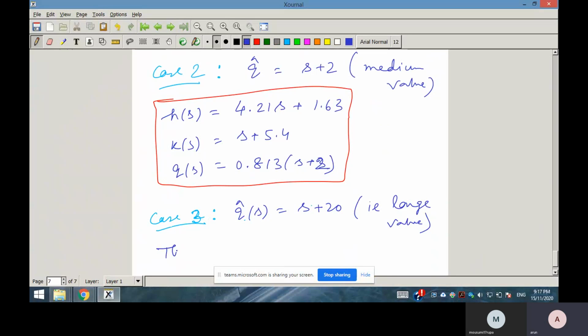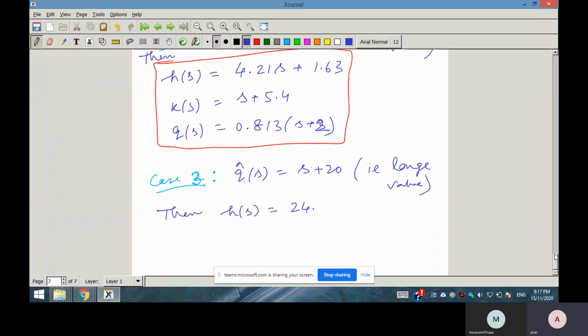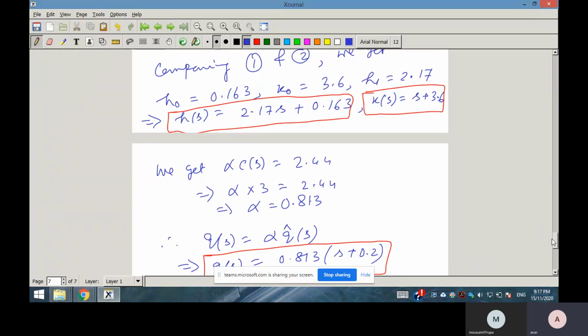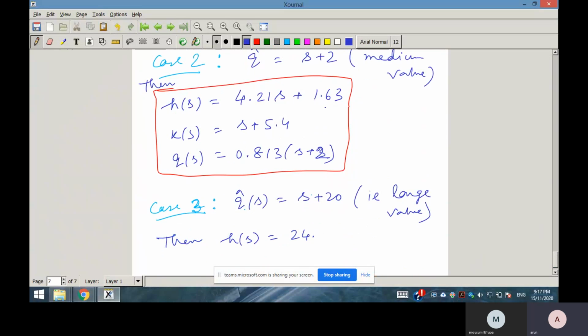Then similarly you can get H S will be equal to 24 point. Now you see the control gains are increasing. Compared to these values, the control gains have increased. So here control gains will be more in case 3.